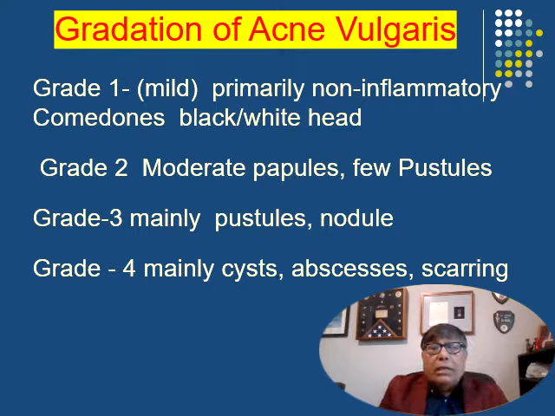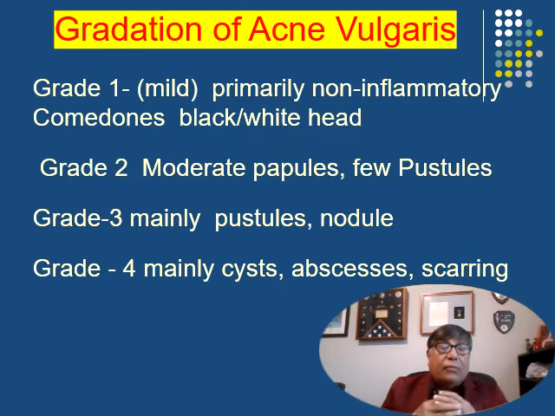Now, if you look at the classification or gradation, how do you grade acne vulgaris? Obviously, the first one is going to be the milder form, primarily non-inflammatory, with comedones, black and white heads. This comedone formation is, the majority of the time, on the forehead.